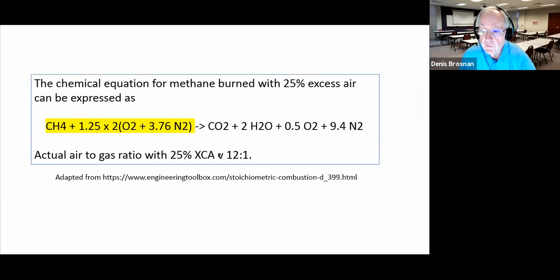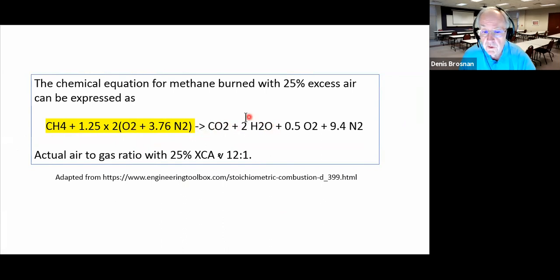Suppose we use 25% excess air. So in that case, we take methane and 1.25, 125% or 1.25 parts here of air, 3.76 nitrogen to 1 part oxygen.